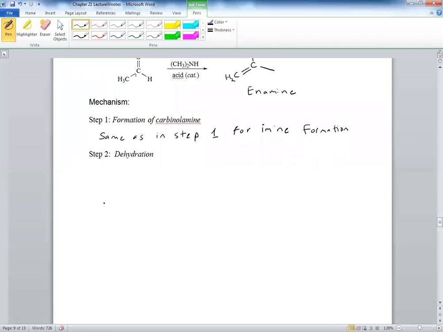So basically what happens is that you get to this step right here, where the O was protonated. And then you have the N with the two methyls attached, or the two R groups. Again, it's very similar. So we also have the protonated amine.